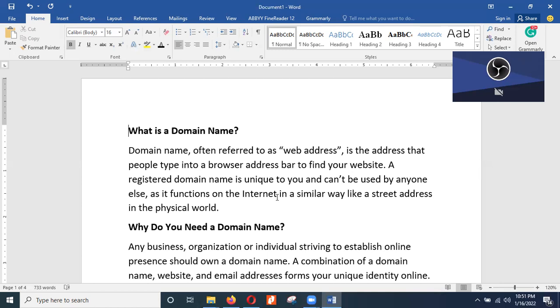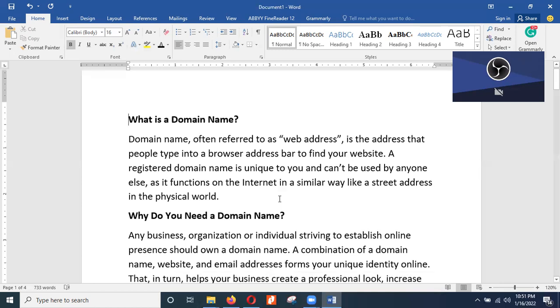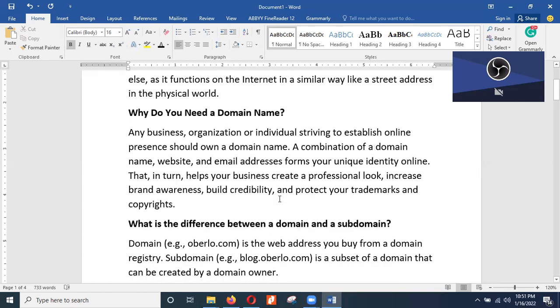But before we go into availability of domain names, we must know there is something we call a subdomain. Assuming your domain name is chike.com, that is your domain name.